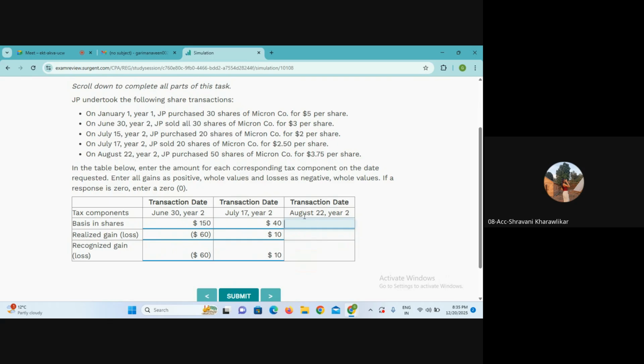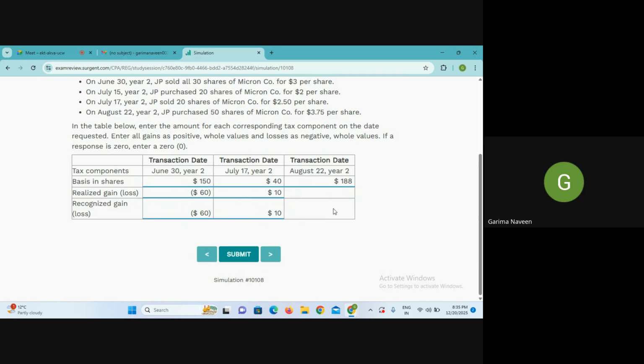Okay, so zero. Yes. Why not basis? You are purchasing 50 shares for 3.75. So 50 into 3.75, 187.5. Ma'am, no realized gain or loss because there is nothing ahead. So nothing you have to fill here.